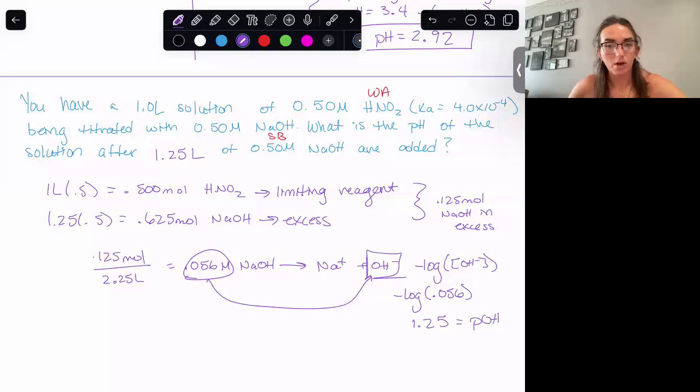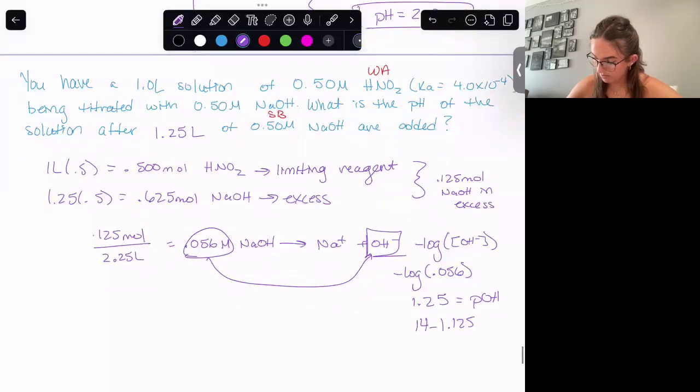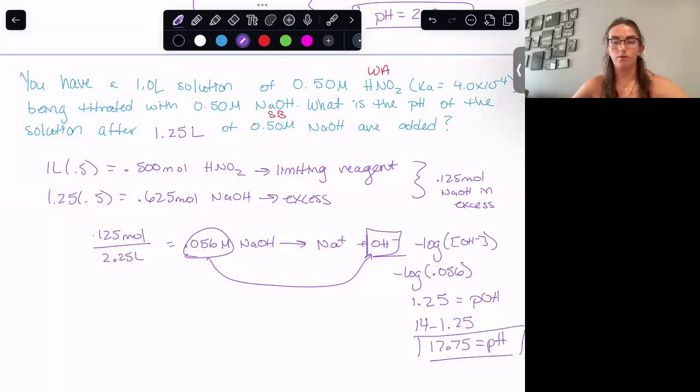Right, but that would be our pOH. So then to get pH, we take 14 minus 1.25. So we get 12.75 equals our pH. Right, that's how you would do it for excess strong base, or excess sodium hydroxide in this case.